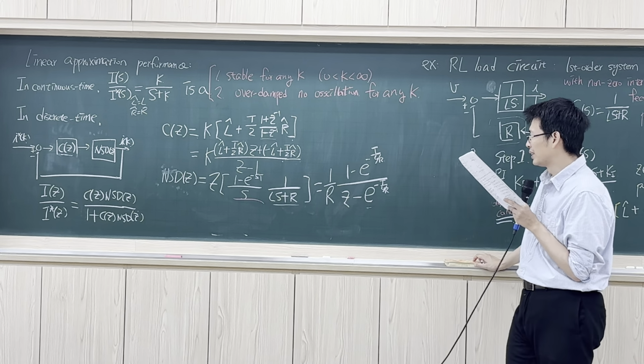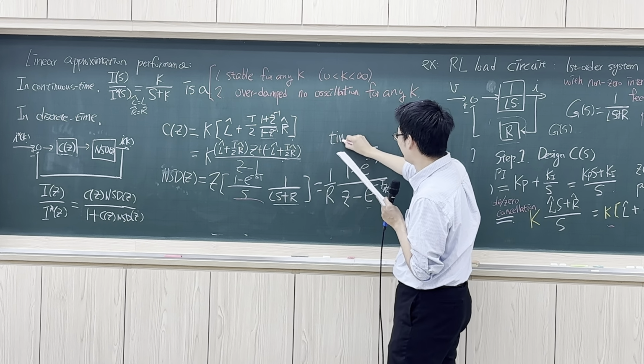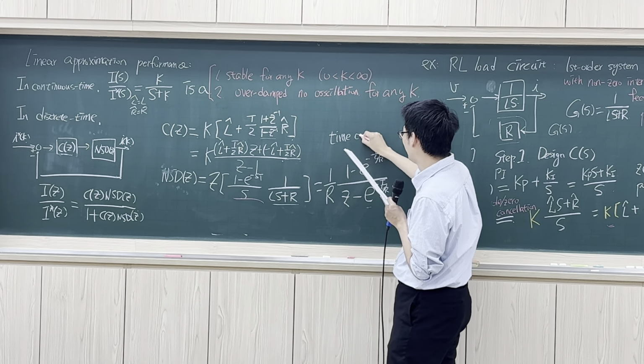L over R, we define this as the electrical time constant tau. From your automatic control course, I believe you should be familiar with the time constant. So it should be exponential of minus T over tau.